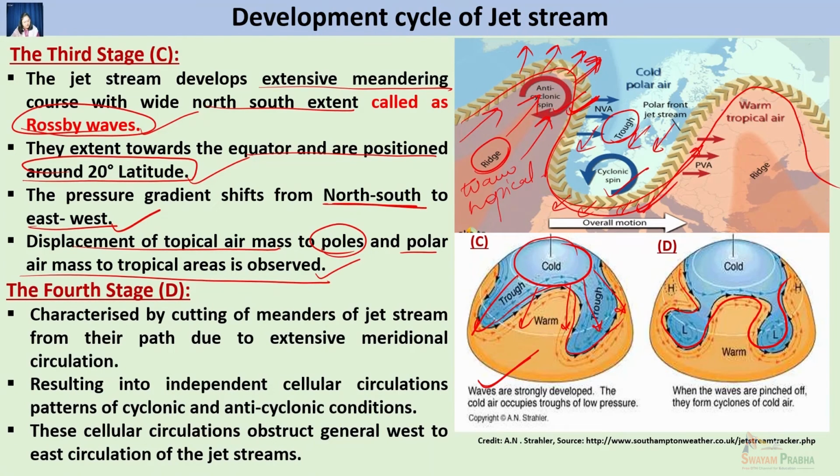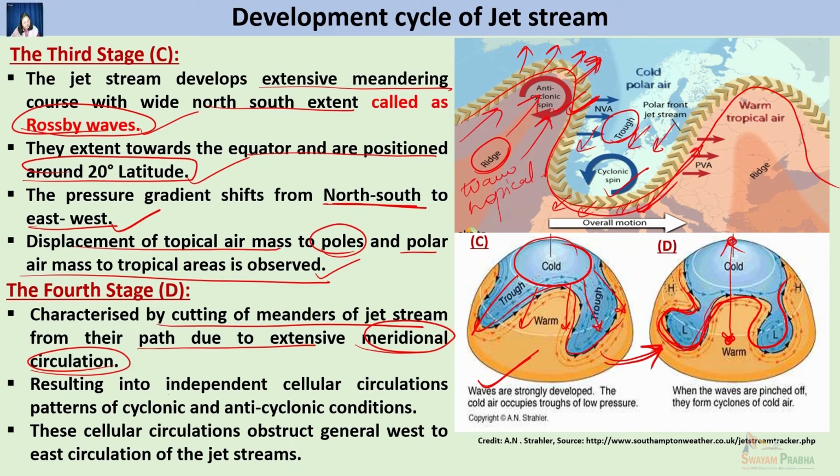The fourth stage of the jet stream is characterized by cutting of meanders of jet streams from the main path due to extensive meridional circulation. As the jet streams further intensify and their north-south meridional extent increases, very deep grooves are formed along these meandering paths, and sometimes these grooves also cut the meanders, leading to development of various small branches emerging out of these jet streams, circulating in different directions.